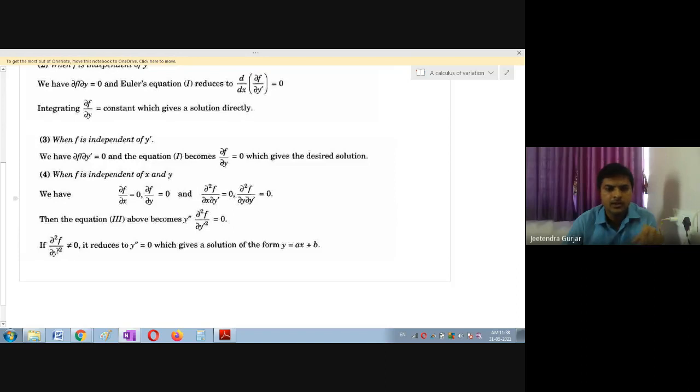Then dou square f upon dou y' square is not equal to 0. It is reduced to y'' is equal to 0, which you integrate, and it gives the solution of the form y is equal to ax plus b.